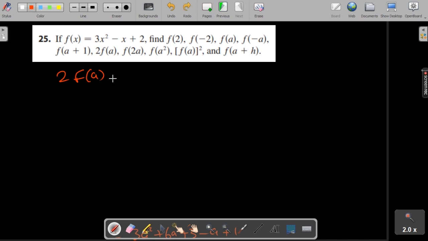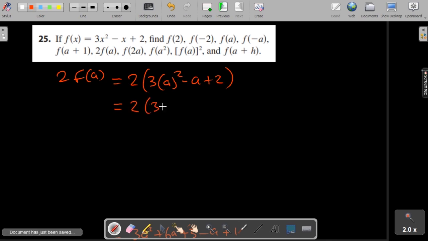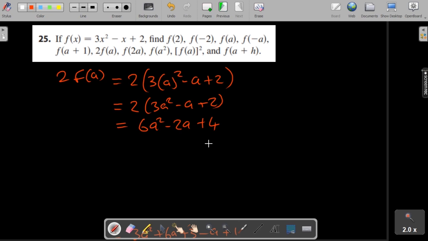So we're going to multiply the whole function, and in the function, we're going to substitute a in place of x. So in here, let's deal with the bracket first, just 3a squared minus a plus 2. And if you multiply all of that by 2, you have 6a squared minus 2a plus 4. That is your answer for that one.